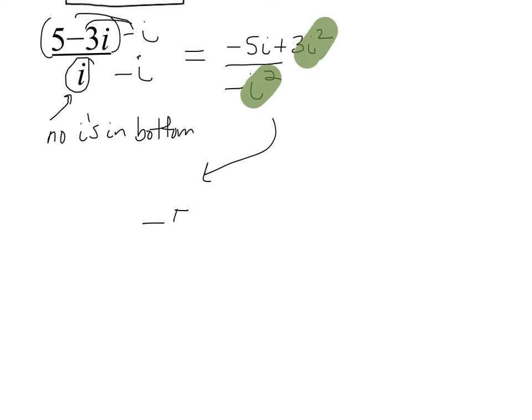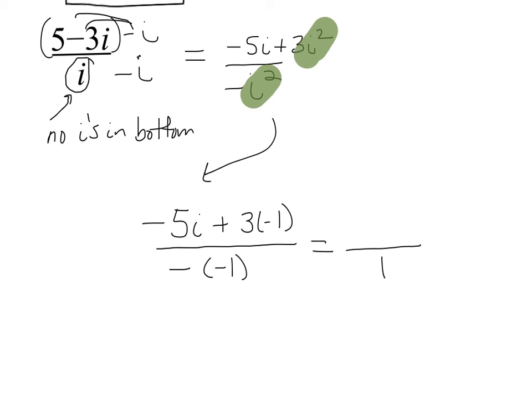So this will be negative 5i plus 3 times negative 1 all over negative 1. So negative 1 is just 1. And then we have 3 times negative 1 is negative 3, and then minus 5i.